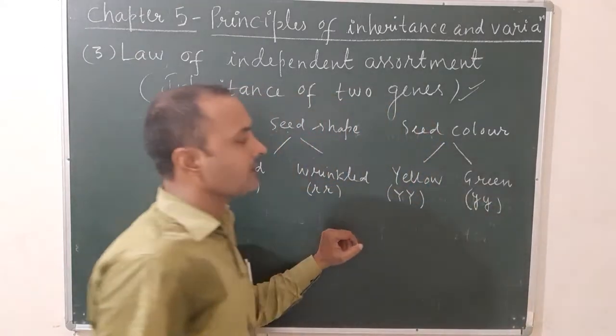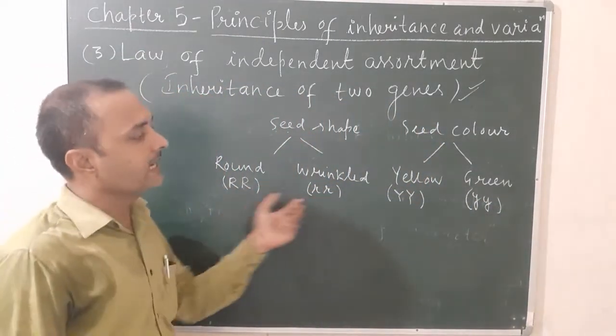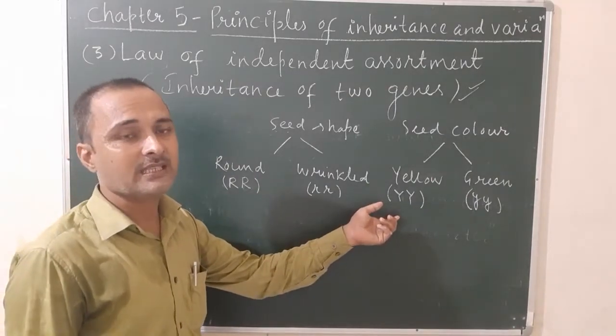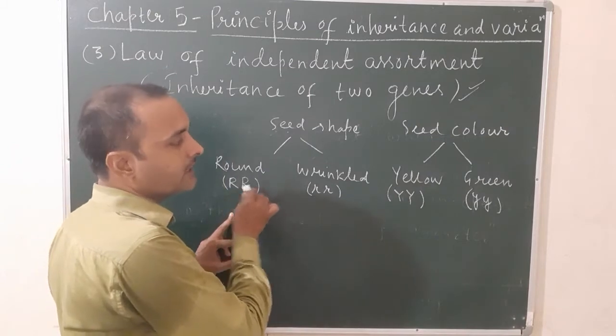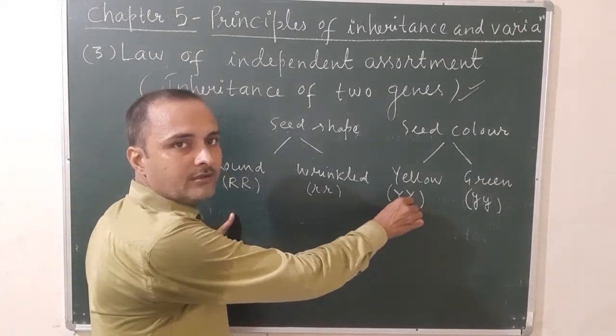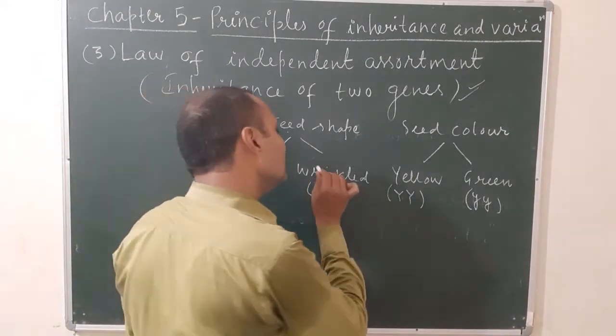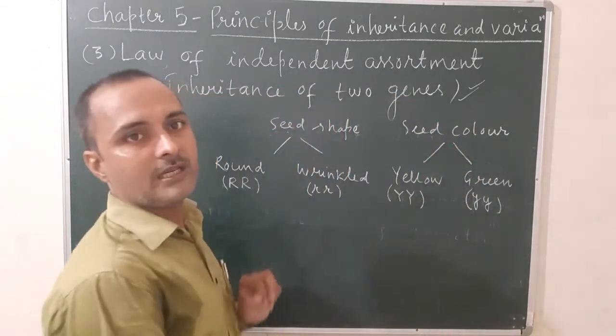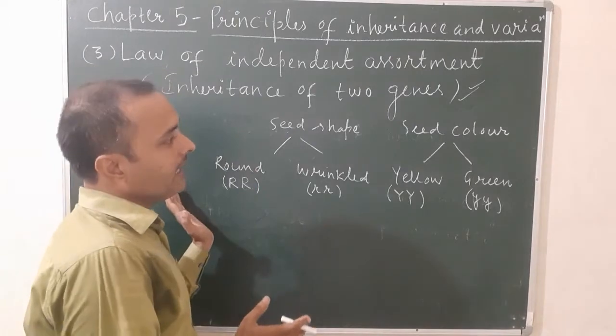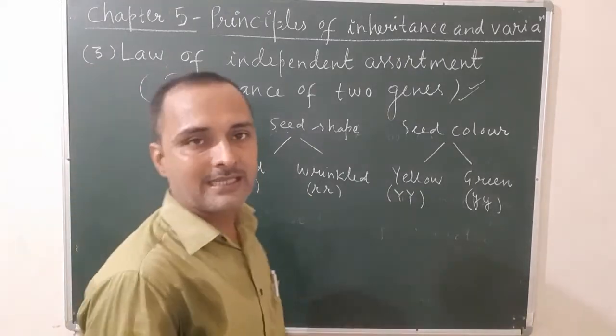These are the genotypes for the shape and color of the seed. Out of these pairs, round was the dominant trait, and yellow was the dominant trait, whereas wrinkled and green are recessive. The dominant trait is always written on the left side and the recessive trait on the right side.